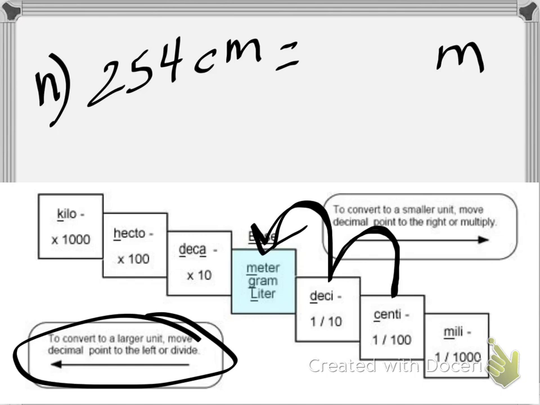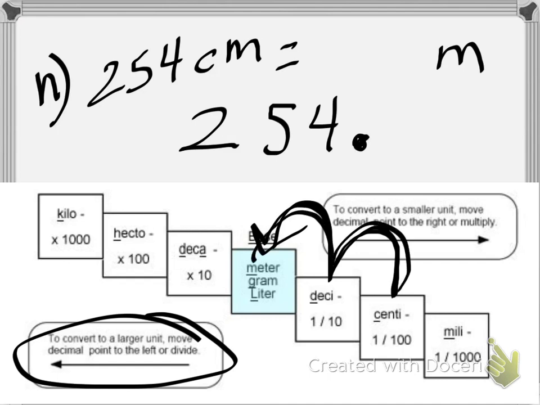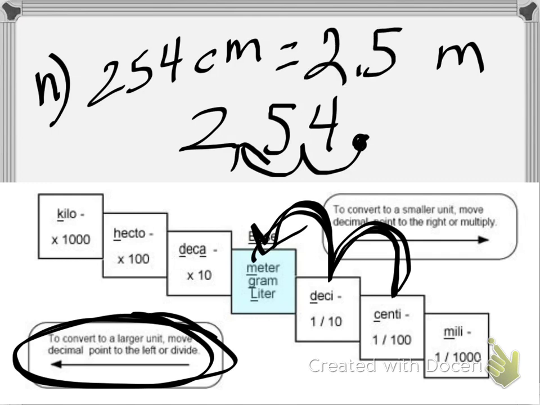So if we're going to move it two places, once again, we take 254, put the decimal point after the ones place, so always at the end if it doesn't have a decimal point. And we want to move it two places to the left. So it's going to go to there, so 2.54. So 2.54 meters for the answer.